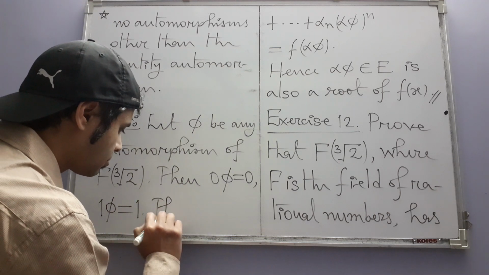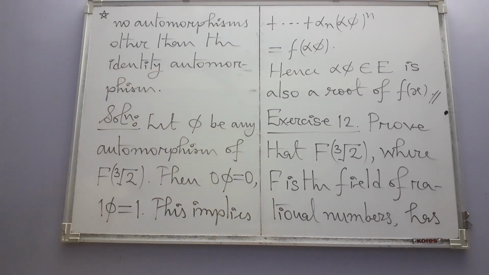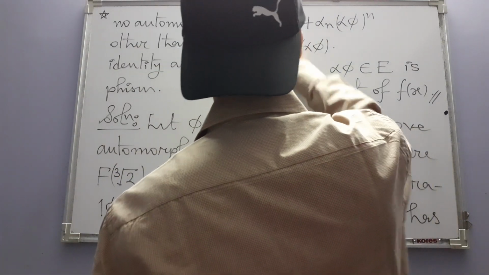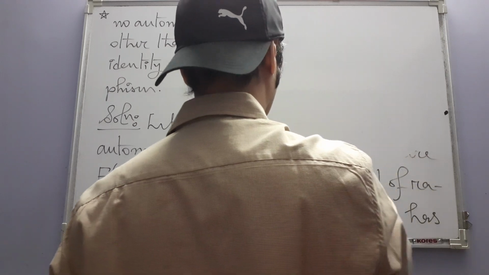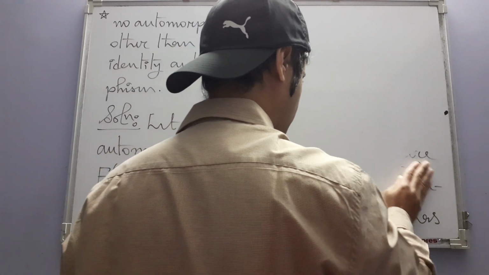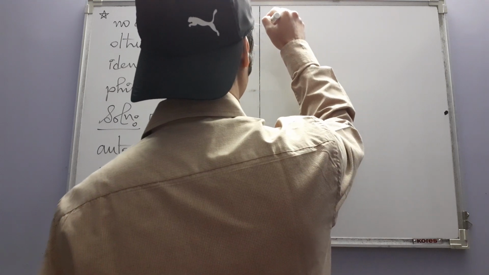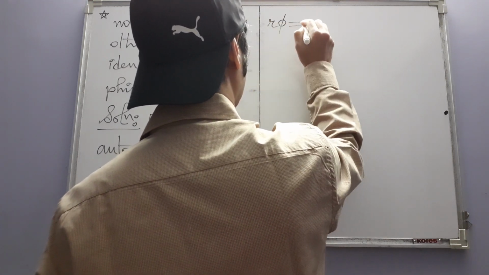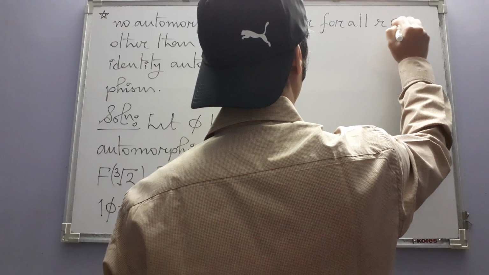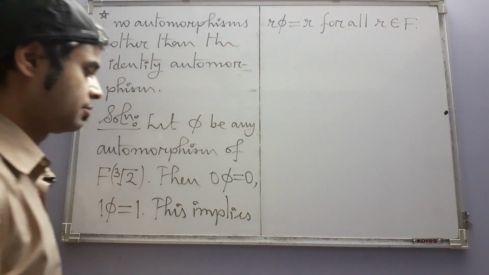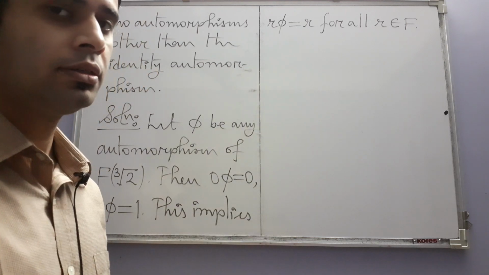This implies r phi is equal to r for all r belonging to F. That means these two equations can be used to show that phi actually fixes every rational number.